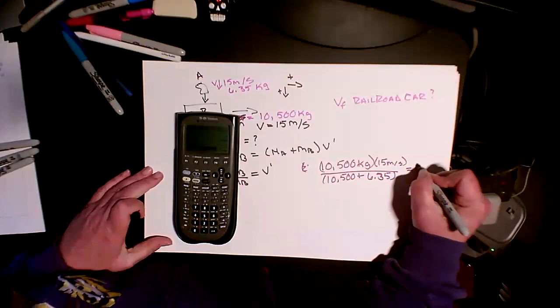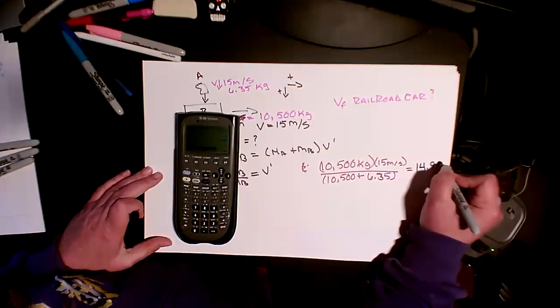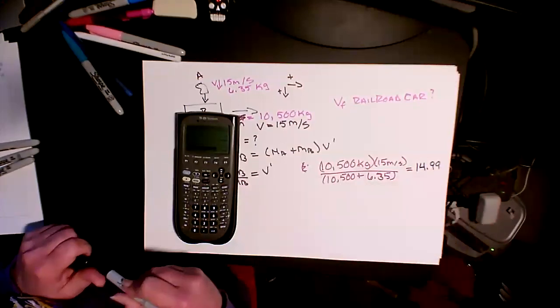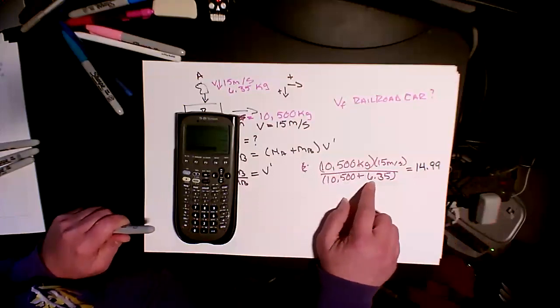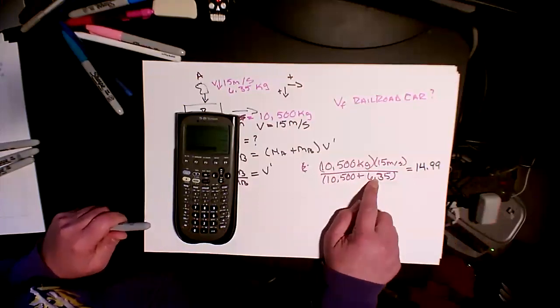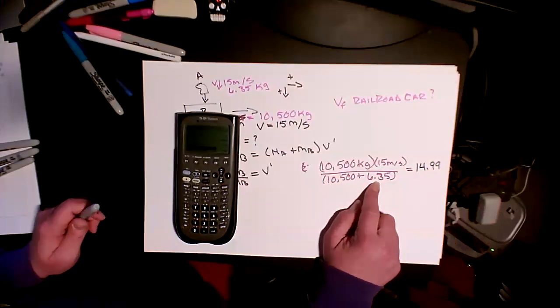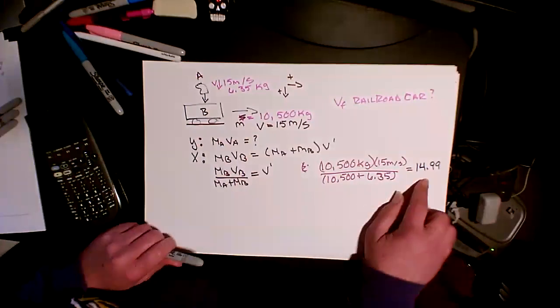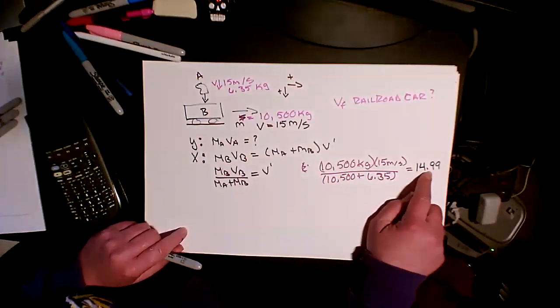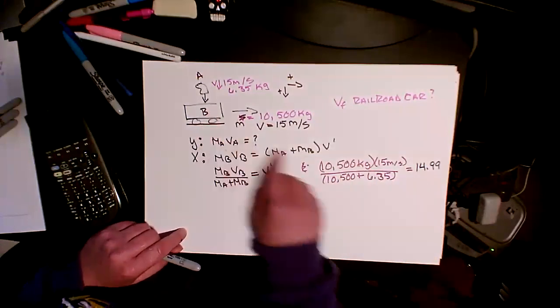Oh, didn't slow down much. Of course, I wouldn't expect that it would, really, because this thing is pretty darn massive, and I'm only putting in this 6.35 kilograms. So what happened to the rest of that speed? Well, that little extra, that's just the combined masses slowing it down.